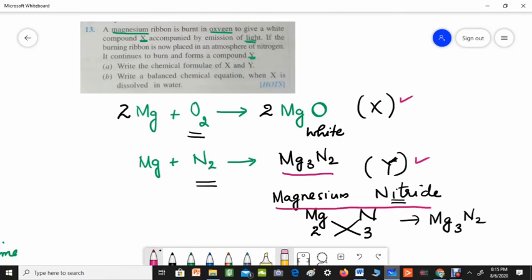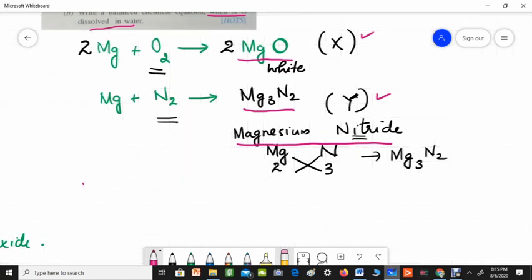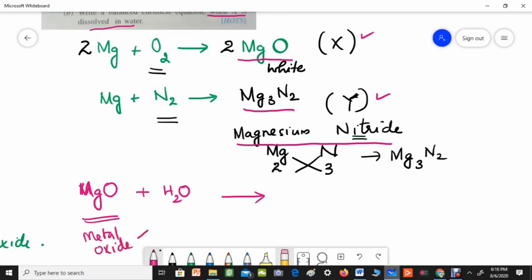Now write a balanced chemical equation when X is dissolved in water. So what is your X? X is magnesium oxide. What will you get when magnesium oxide is dissolved in water? MgO when dissolved in water, H2O. This is a metal oxide, and when a metal oxide is dissolved in water, metal hydroxides are formed.